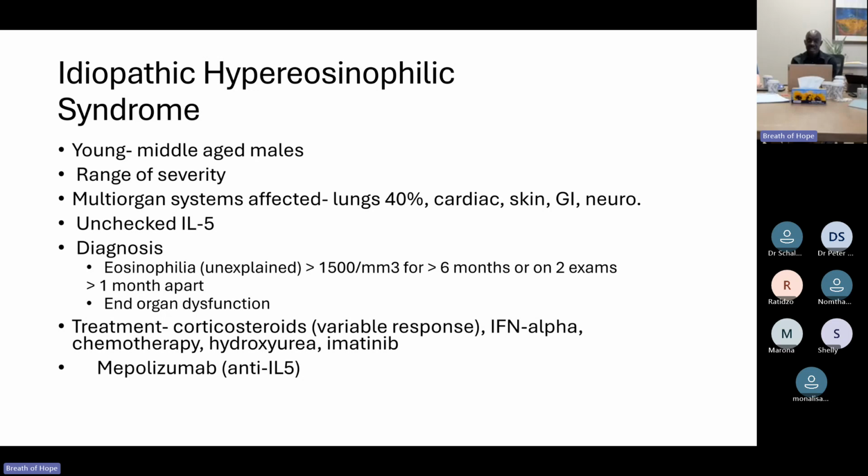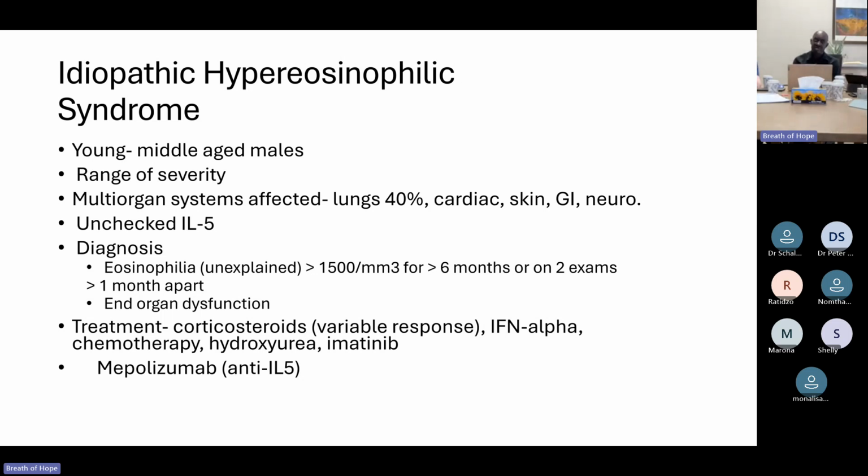Let's look at idiopathic hypereosinophilic syndromes. Of course, these tend to be younger, middle-aged males, with a range of severities, and tend to be multisystemic, with lung 40%, cardiac, skin, GIT, and neurological symptoms, with an elevated level of IL-5.